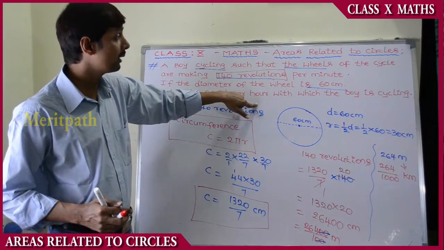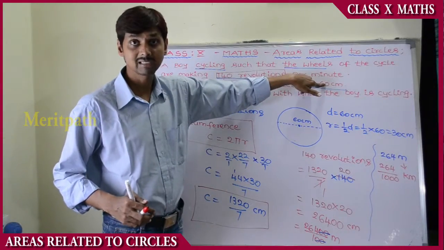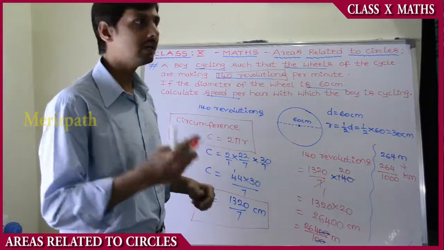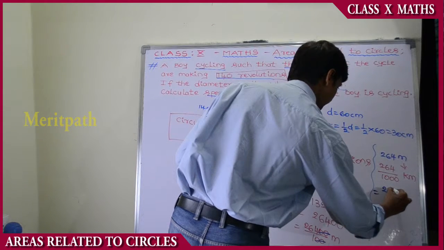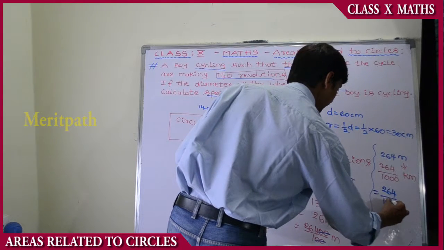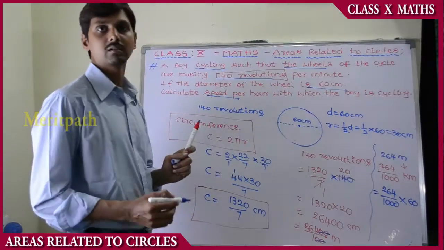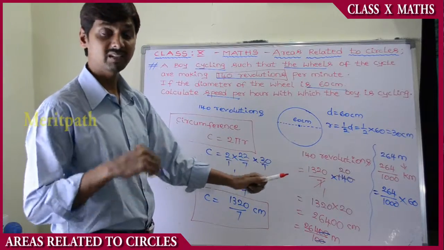This is per 1 minute only, because it is 140 revolutions per minute. It is given for only 1 minute. So let's find this for 1 hour. Then it becomes 264 divided by 1000 into 60. So this is per 1 minute, so for 60 minutes it becomes into 60.